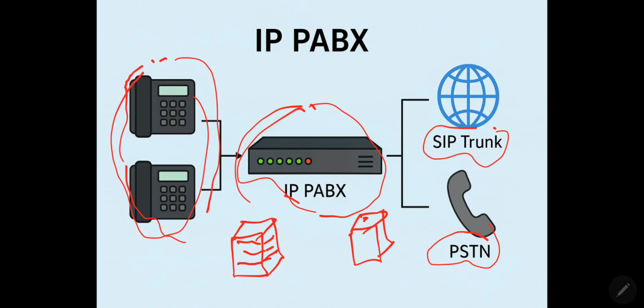But if you want to call your friend in a different area, in a different office, you can call through SIP trunk or PSTN. And it looks formal compared to calling by WhatsApp or by your number contact.